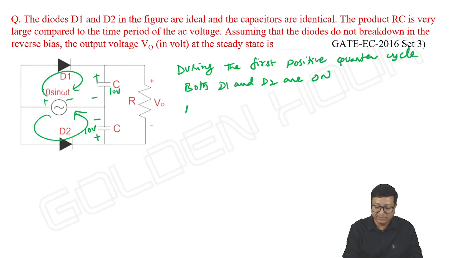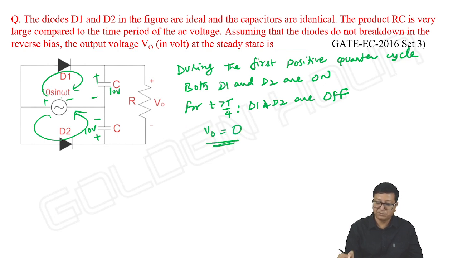For t greater than T by 4, both D1 and D2 will be off. Then what about the overall output voltage? Simply it is 0. Okay, 10 minus 10. Overall output is 0.